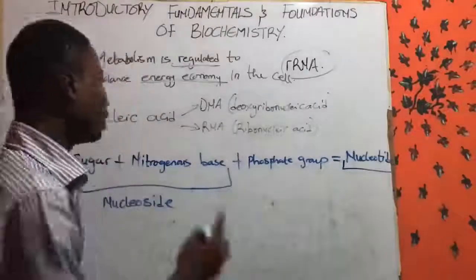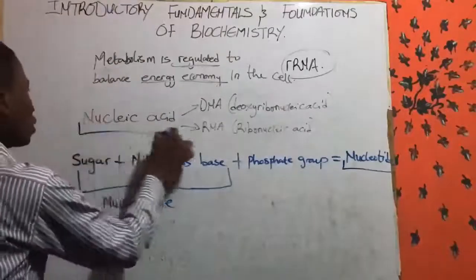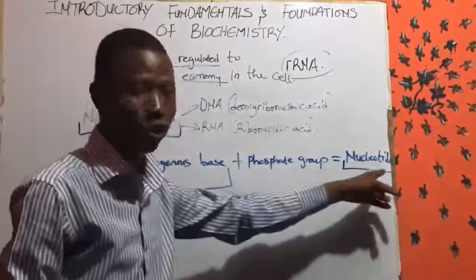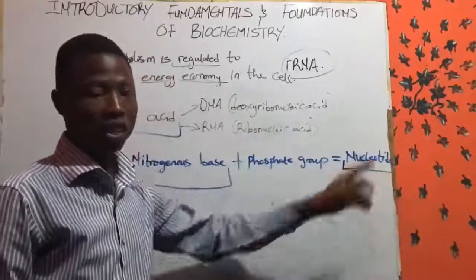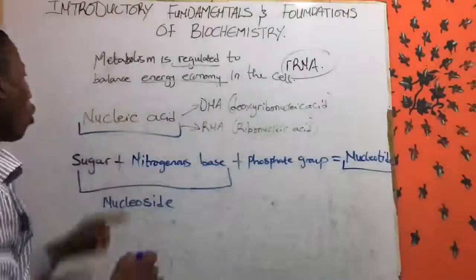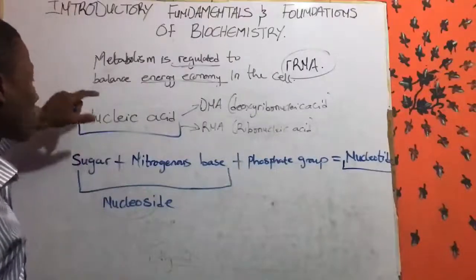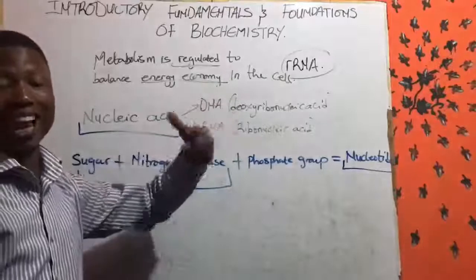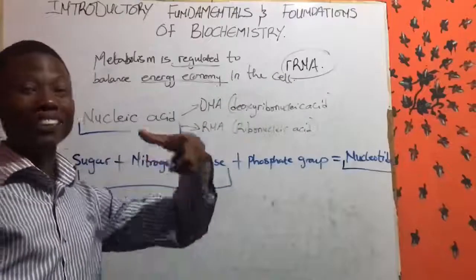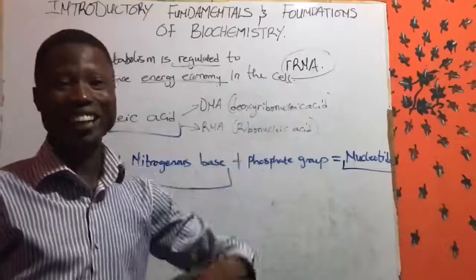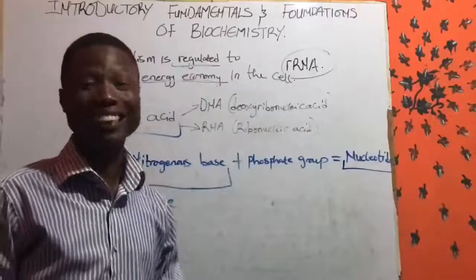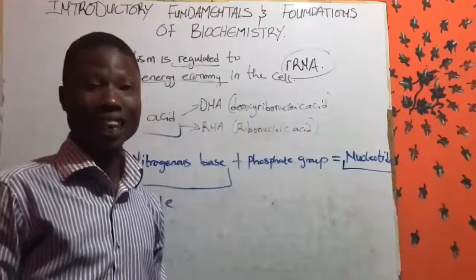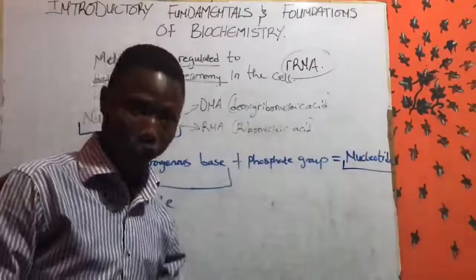Are we together? Now, this nucleic acid, which is the polymer of nucleotides, is what constitutes the molecular structure that helps in retaining genetic information that is passed from one generation to the other.